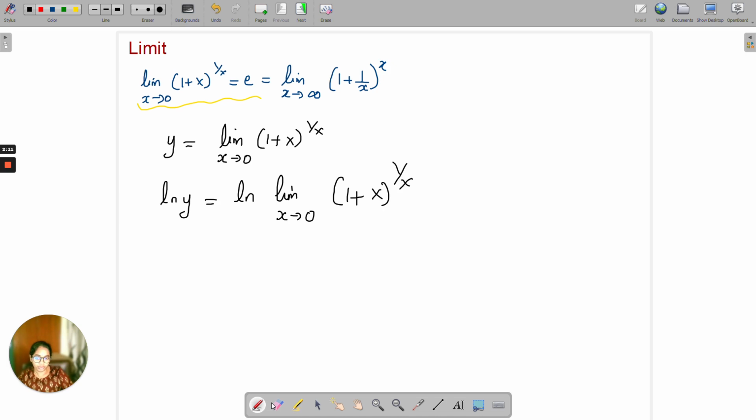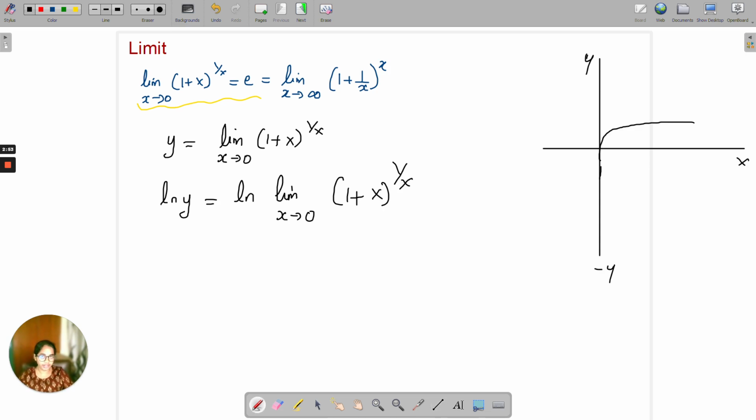Now, the graph of ln x, can you recall how it looks? It looked something like this. Agree?